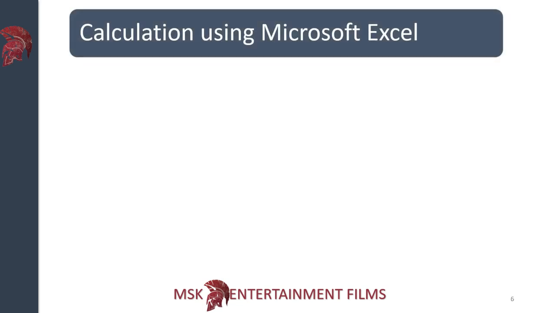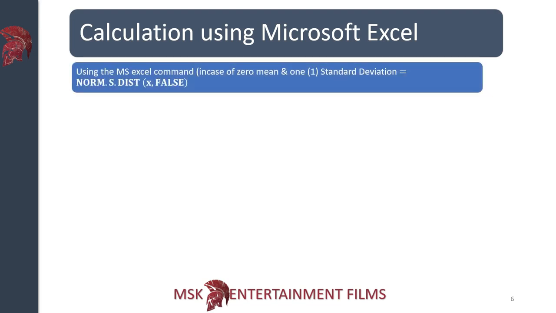Now, how do we make this bell-shaped curve in Microsoft Excel? When we consider mean 0 and standard deviation 1, we have a built-in Excel command, that is NORM.S.DIST, then open bracket.